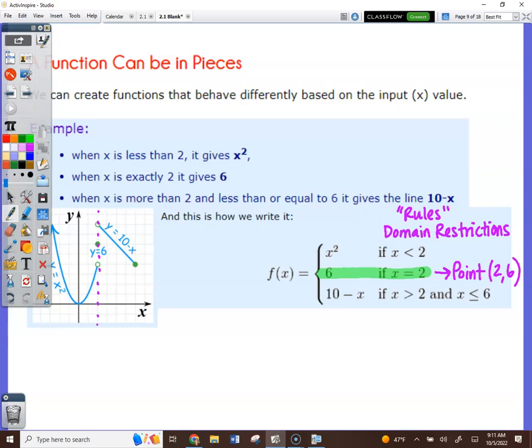Now, I don't like this particular thing here, so we're going to actually mark this out. Notice it says and. I want you to write it like this. Take the or equal to. Remember when we did compound inequalities?